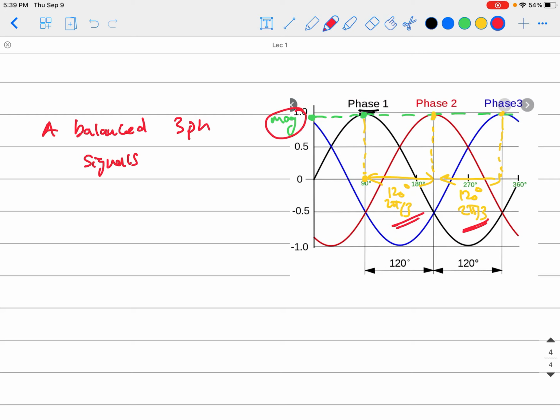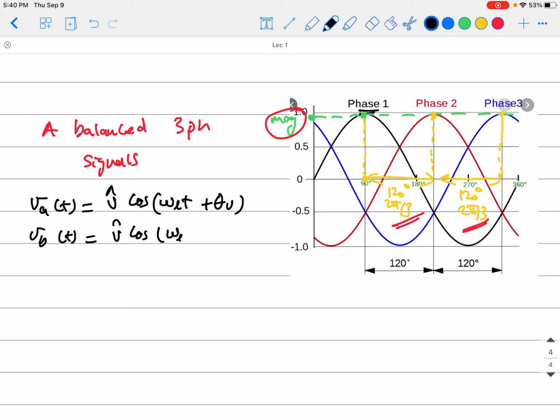The math of this will be the same. So we have 3 phases, I'll call them A, B, C. The VA of t will equal V magnitude cosine omega t plus phase shift theta V. VB of t will equal the same, V cosine omega t plus theta V, but now minus 2 pi over 3.